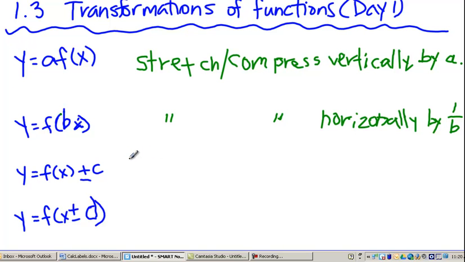For my third one, it's outside the argument. It's plus or minus C. It's being translated vertically by C units. So plus C, you'd go up by C units. I'm going to do arrows. You move the graph up C units.